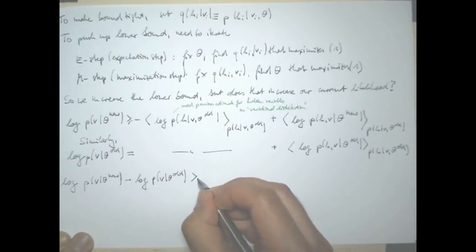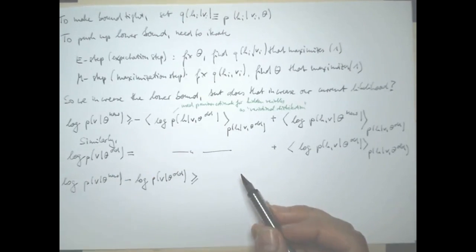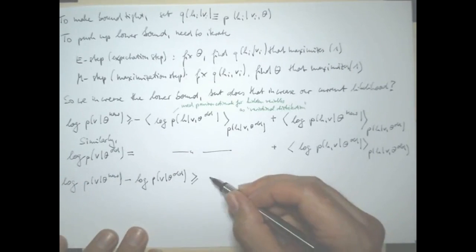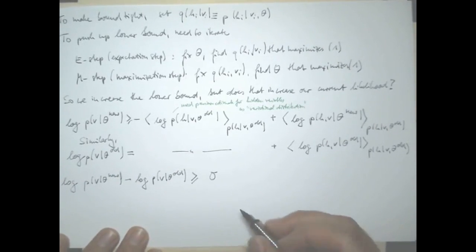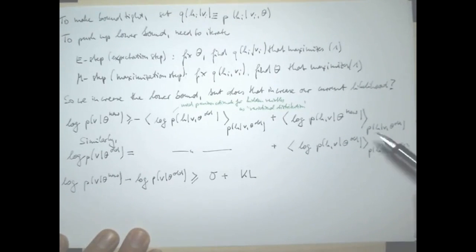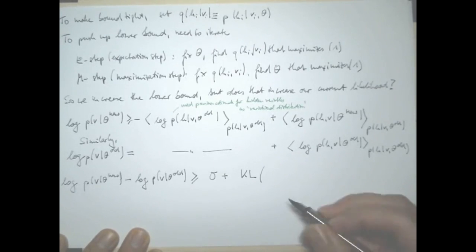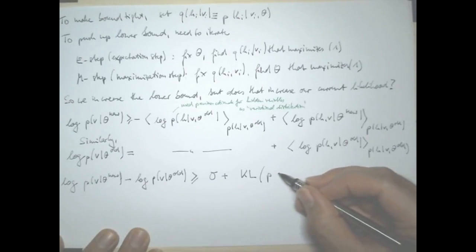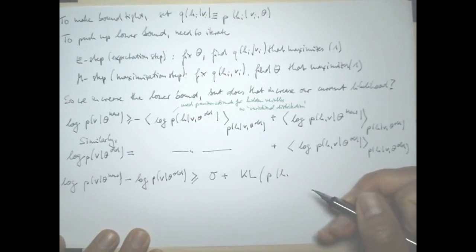The first term was the same, so it cancels to 0. And the second term has the form of a Kullback-Leibler divergence, namely the divergence here between the old and the new complete likelihood.